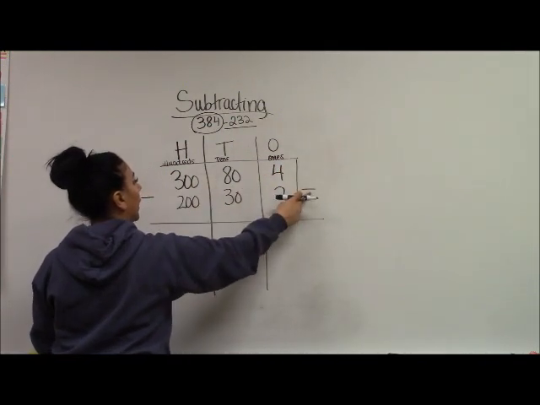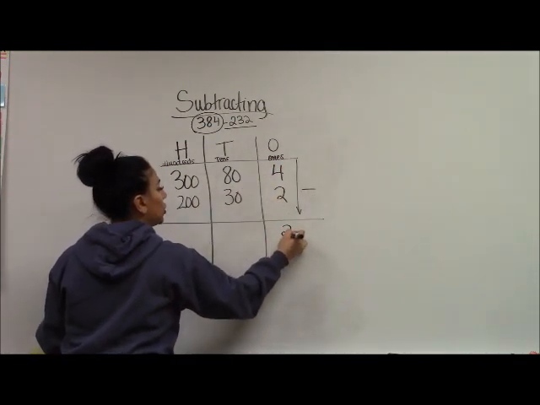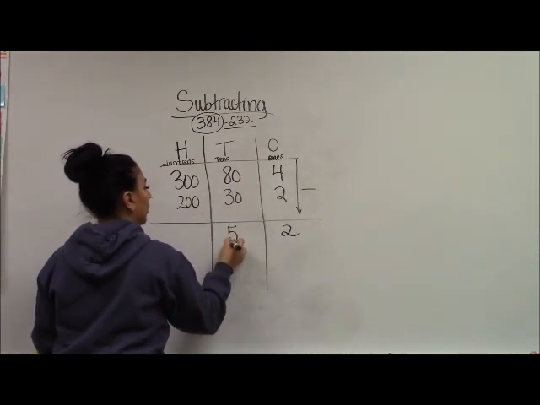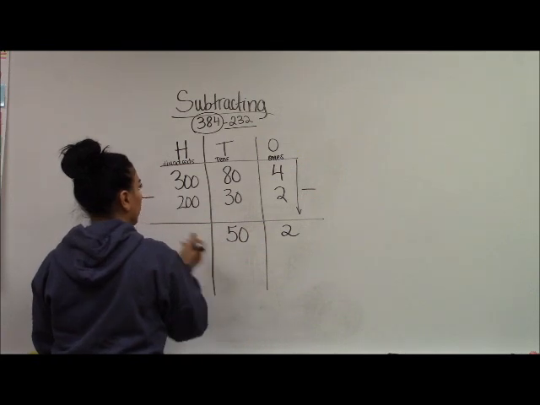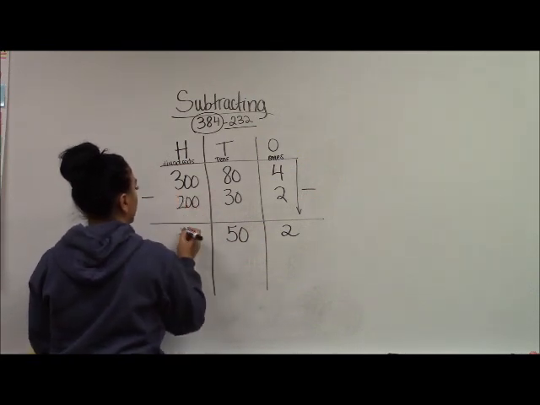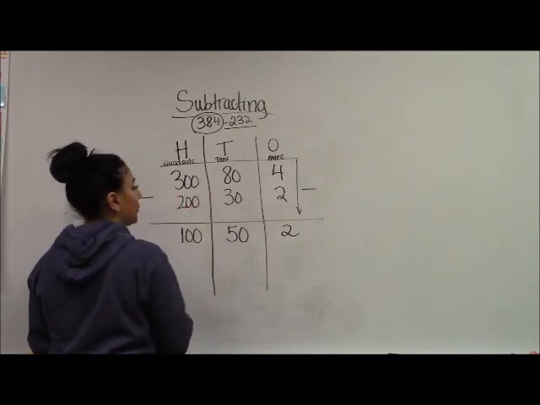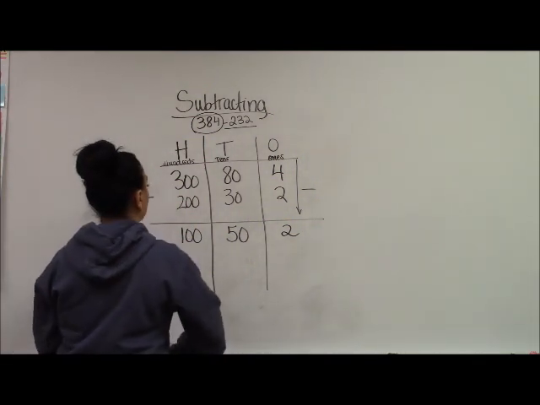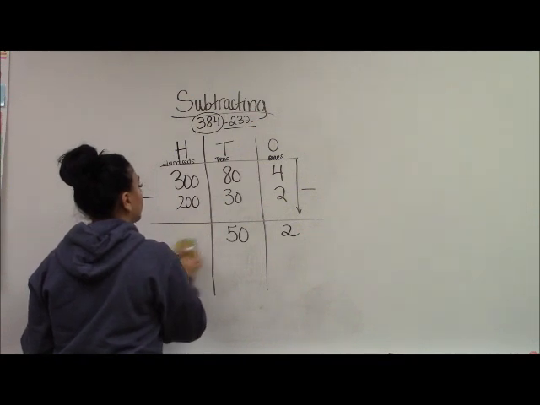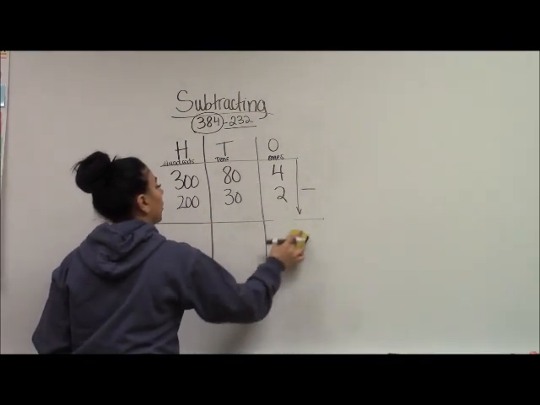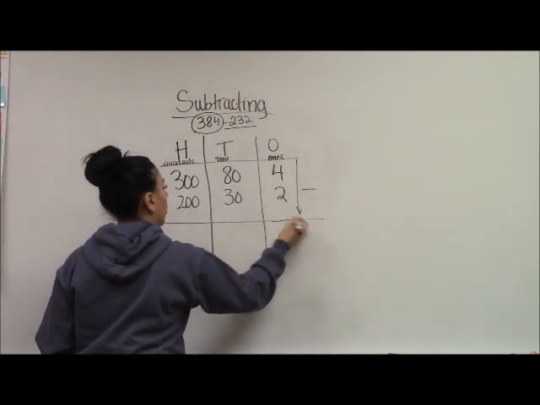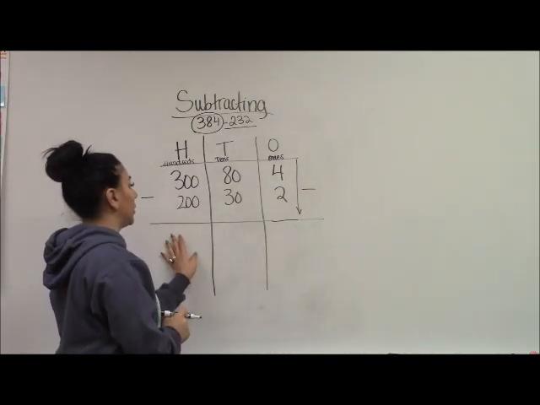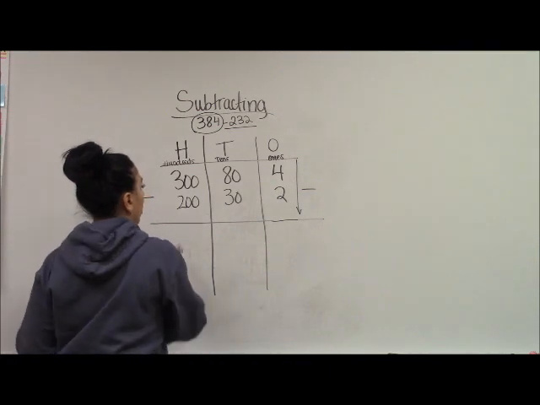So 4 minus 2 is 2. 80 minus 30 is 50. 300 minus 200 is 100. The great thing about the HTO chart, just like when you're adding, is that you are able to start either way you want. So if you wanted to go this direction instead, you're also able to, because your work is organized and you can always go left to right.